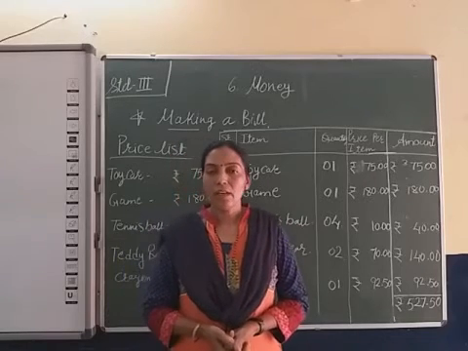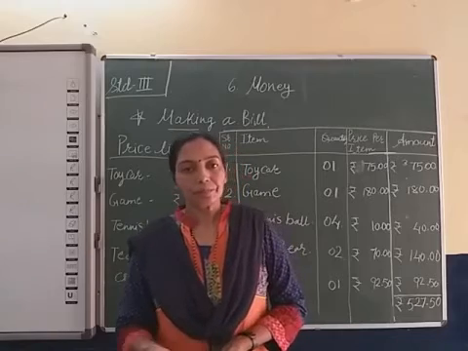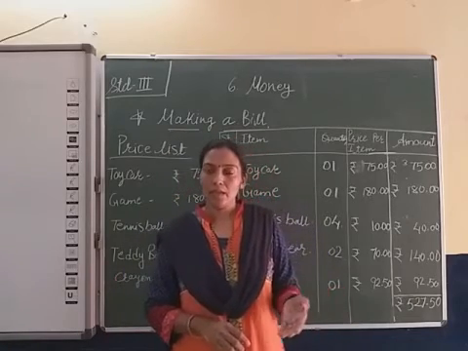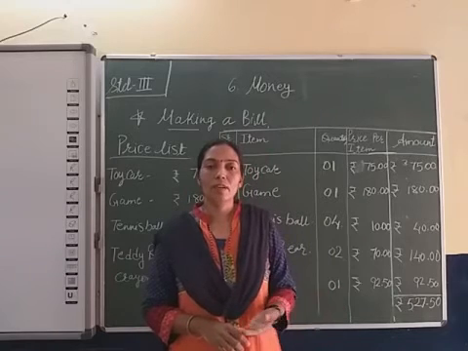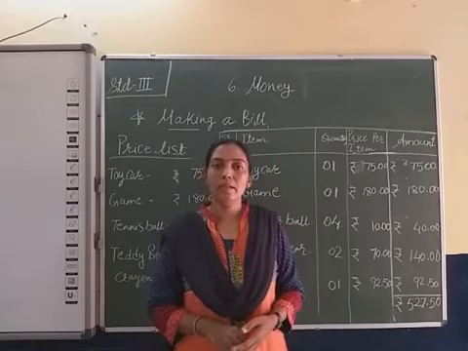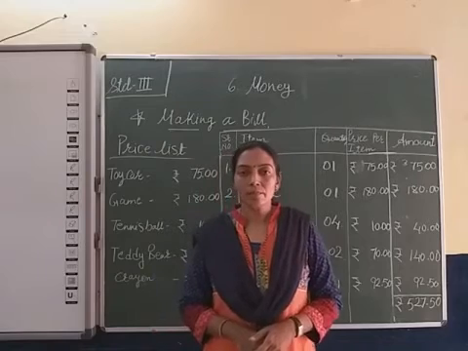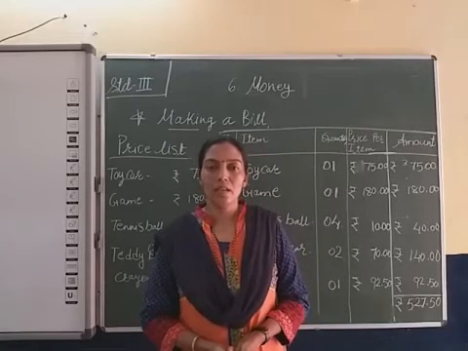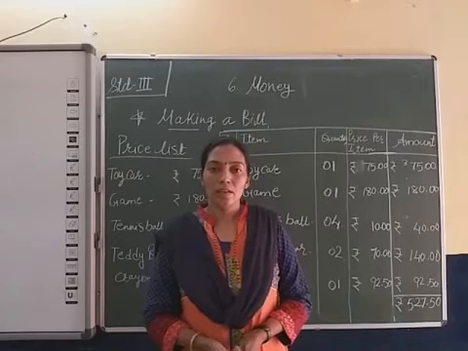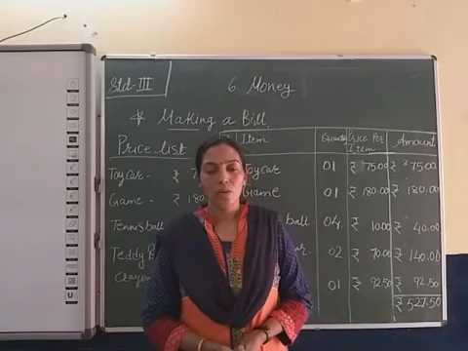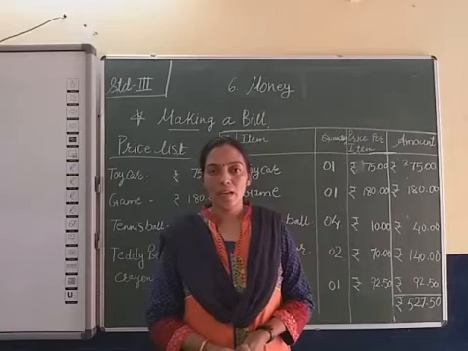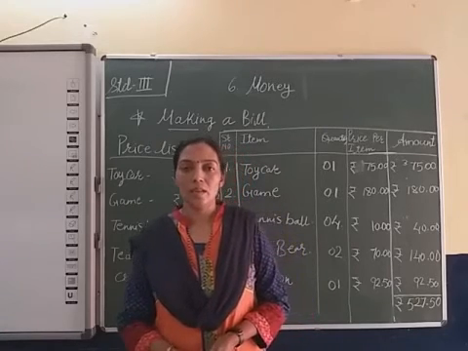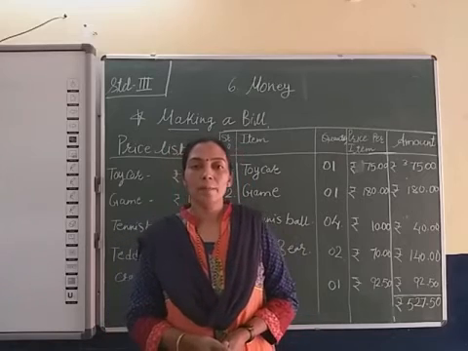Let me conclude this chapter. First of all, we saw the Indian currency, our rupees, different rupee notes and coins, then international currency, which country has which currency. Next we covered how rupees are converted into paisa and how we write rupees and paisa together by putting the dot.